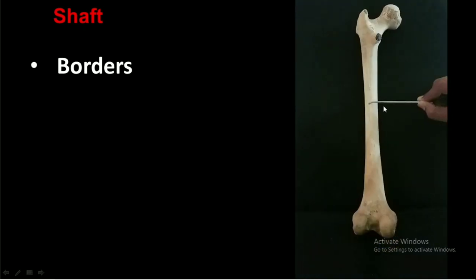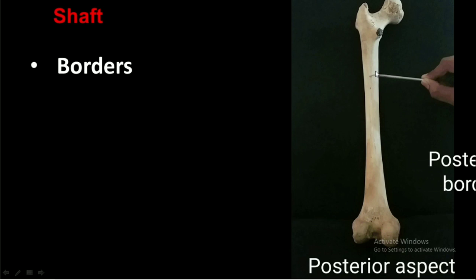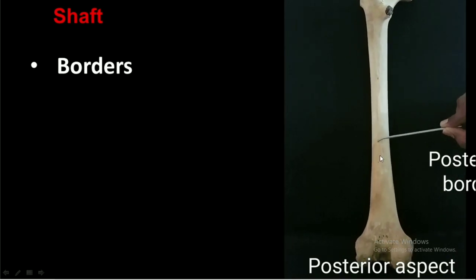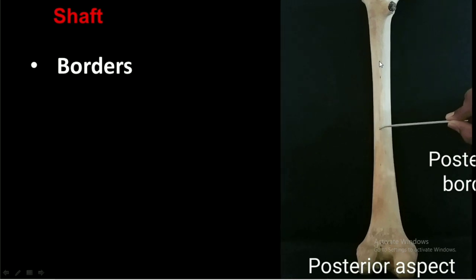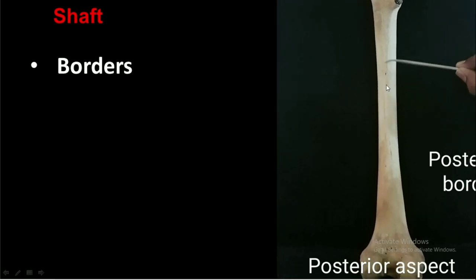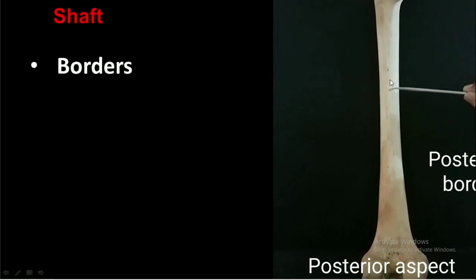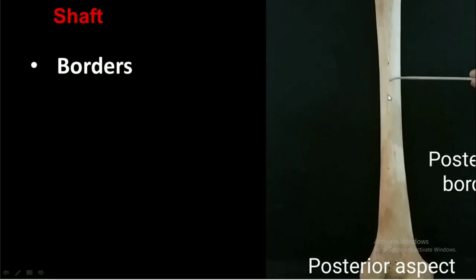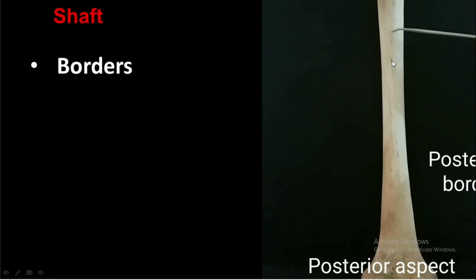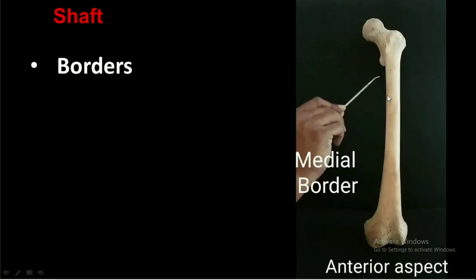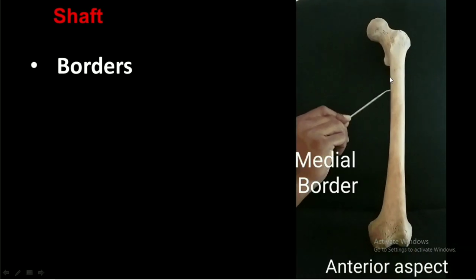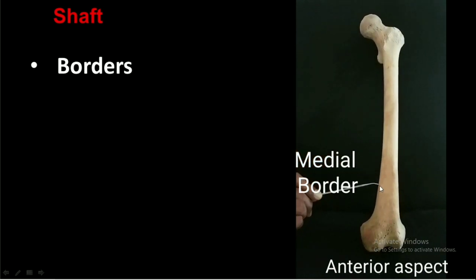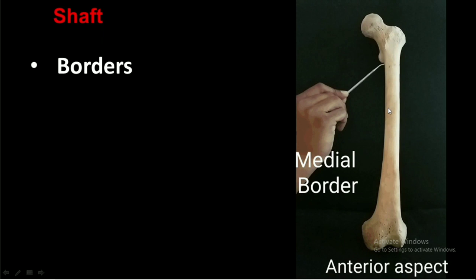This is the posterior border, the thickened linea aspera, which is thickened to form the posterior border, having two lips, the medial lip and the lateral lip. Here again we will see this is a medial border and it is rounded. Both the medial and lateral borders are rounded.